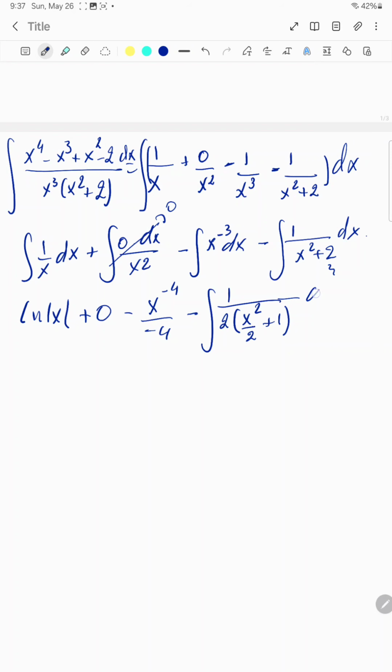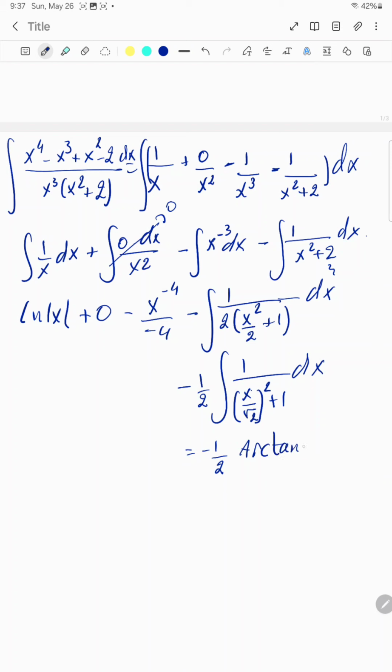So I can make it (x divided by square root of 2) squared. The 1/2 I can take outside my integral, so 1 divided by ((x divided by square root of 2) squared plus 1) dx. And that would be equal to minus 1/2 arctan of x divided by square root of 2. Plus c, I said I will put the plus c at the end.